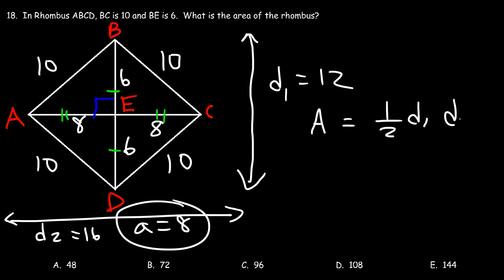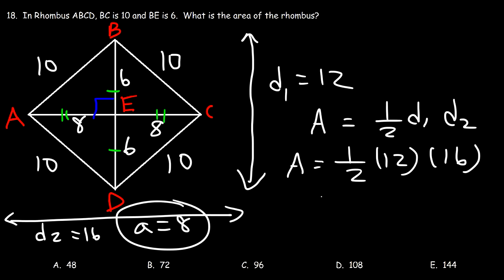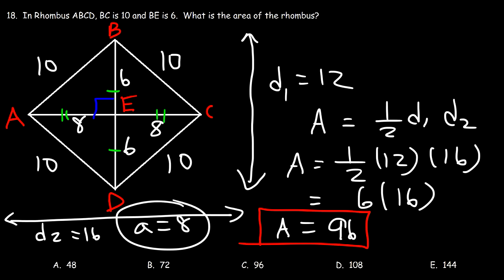It's 1/2 D1 times D2. So D1 in this example is 12, D2 is 16. And half of 12 is 6. 6 times 16. Well, 6 times 10 is 60. 6 times 6 is 36. So 60 plus 36, that's 96. So the area of this particular rhombus is 96 square units, which means C is the right answer.